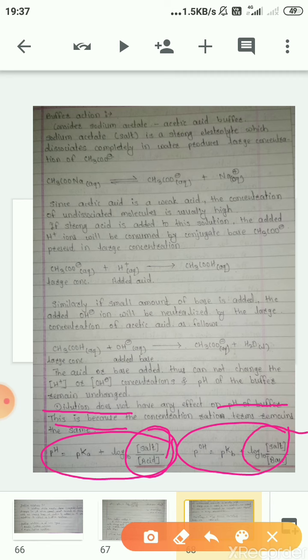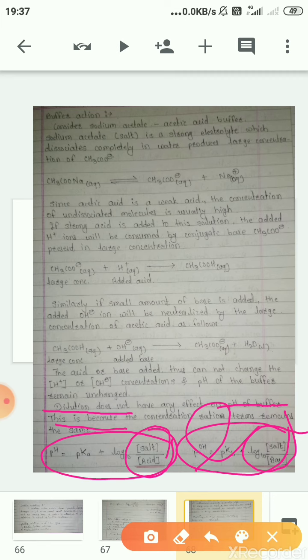Same for the basic buffer solution: as the concentration of salt and the concentration of base is the same, the pOH of the solution will not change, and therefore the pH of the solution will remain the same.